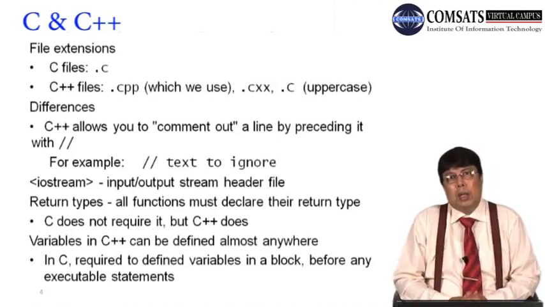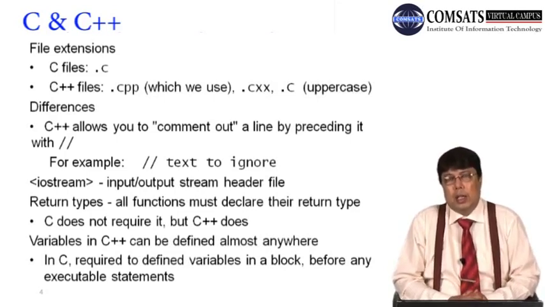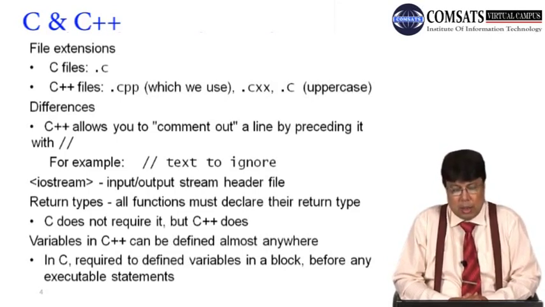In C you can write comments by putting / and asterisk, and then you close the comment by using the asterisk and /. If you forget to write the second part, asterisk and /, then the whole program following that comment becomes a single comment.